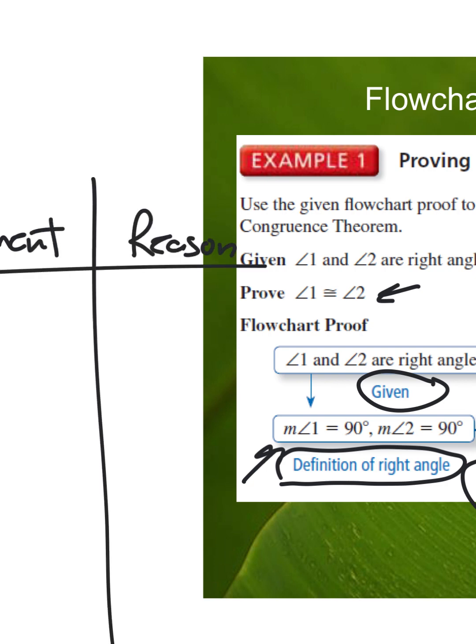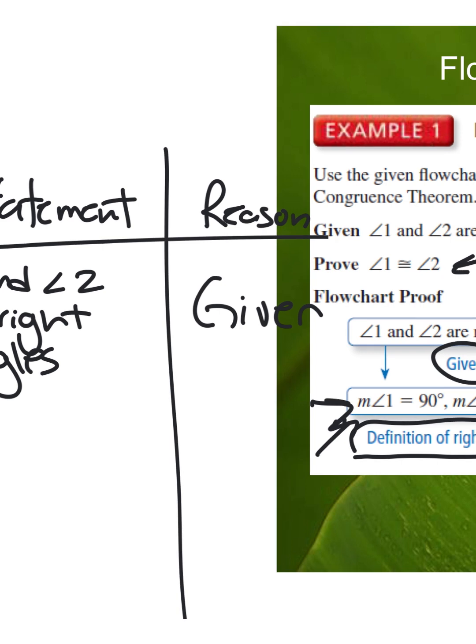You can write the given, so angle 1 and angle 2 are right angles, and that we write as the given. Then the second statement, which is this one, is the measure of angle 1 equals 90, and the measure of angle 2 equals 90.